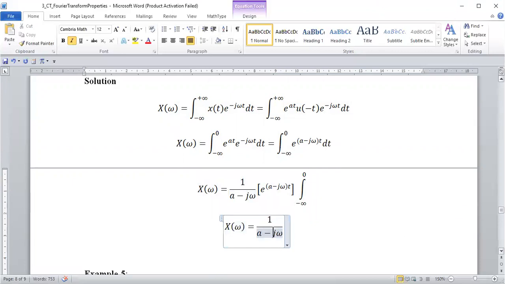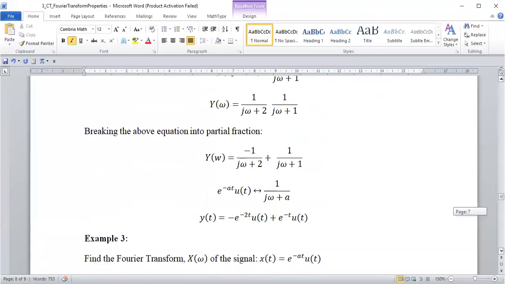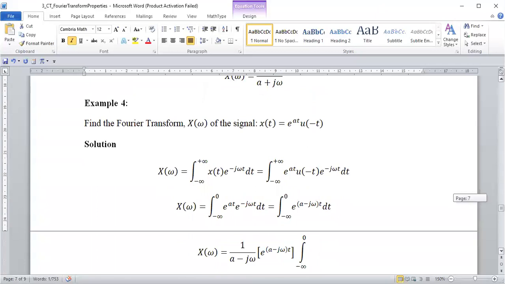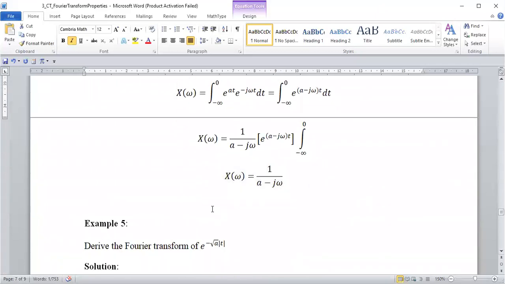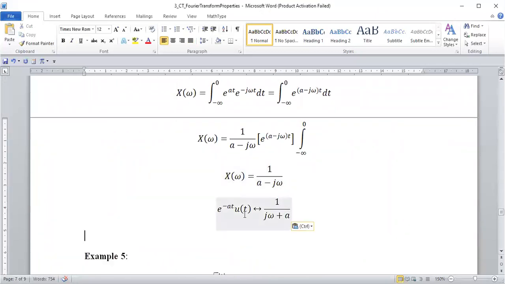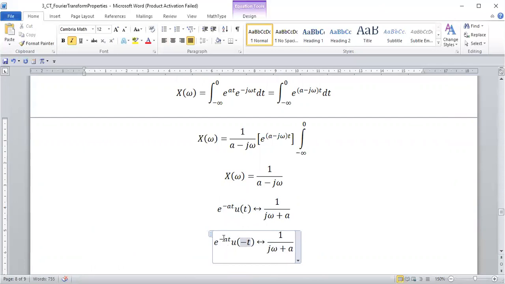So it simply says that for the first part, if we have a function in this form, we know that this is the Fourier transform. It simply means that if you have a function of this form, the Fourier transform is simply 1 over a minus j omega.